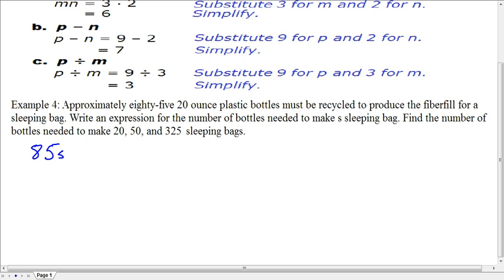Now here's something I want you to get accustomed to. We want to create a table of values. So we want to create a table, and in this table we want to put under S, 20, 50, and 325, and then we'll substitute those numbers into our expression and see what answers we come up with. Okay, so let's create a table.